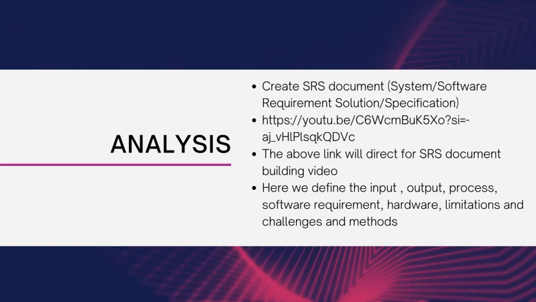You can go through them in detail. However, you have learned it in software engineering. If not, then go through that and know how to prepare an SRS. In SRS, you majorly define clearly the input, process, output, the hardware, the software, the limitations, the challenges, and in brief what technologies and what methods you are going to use.